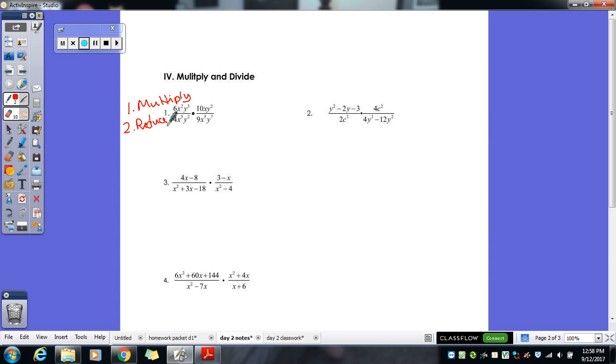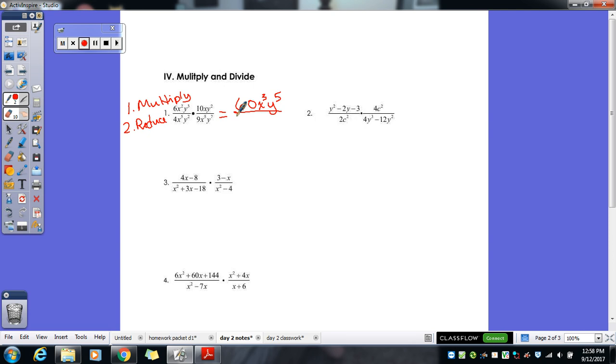And again, that's just for the ones where you got one term over one term times one term over one term. So when we multiply our top, 6 times 10 gives us a 60. Add your exponents on your x's. We get x to the third and y to the fifth.